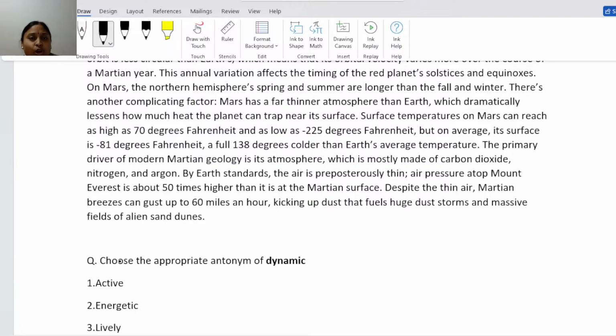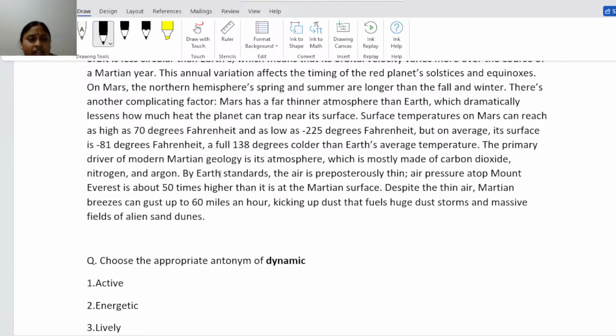There is another complicating factor. Mars has a far thinner atmosphere than Earth, which dramatically lessens how much heat the planet can trap near its surface. Surface temperatures on Mars can reach as high as 70 degrees Fahrenheit and as low as minus 225 degrees Fahrenheit, but on average, its surface is minus 81 degrees Fahrenheit, a full 138 degrees colder than Earth's average temperature.